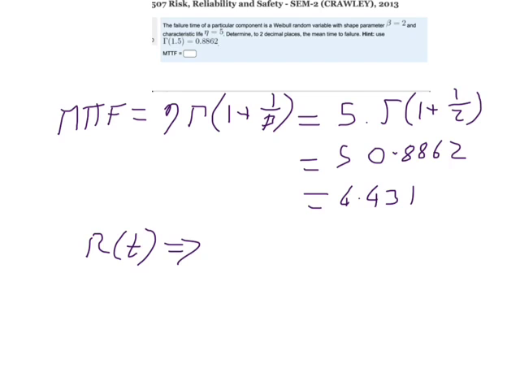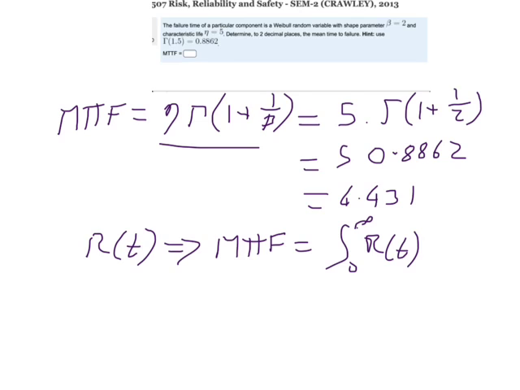Once you have that, you'll find the mean time to failure is equal to the integral from 0 to infinity of R of t, and if you do that, you'll find it's exactly the same thing, remembering that R of t for a Weibull distribution, which I think we've used in a couple of these questions already, is an exponential, e to the minus t over eta, all raised to the beta. But we don't have to do that because we've got this nice convenient formula just for working out the mean time to failure of a single Weibull distribution fairly simply.